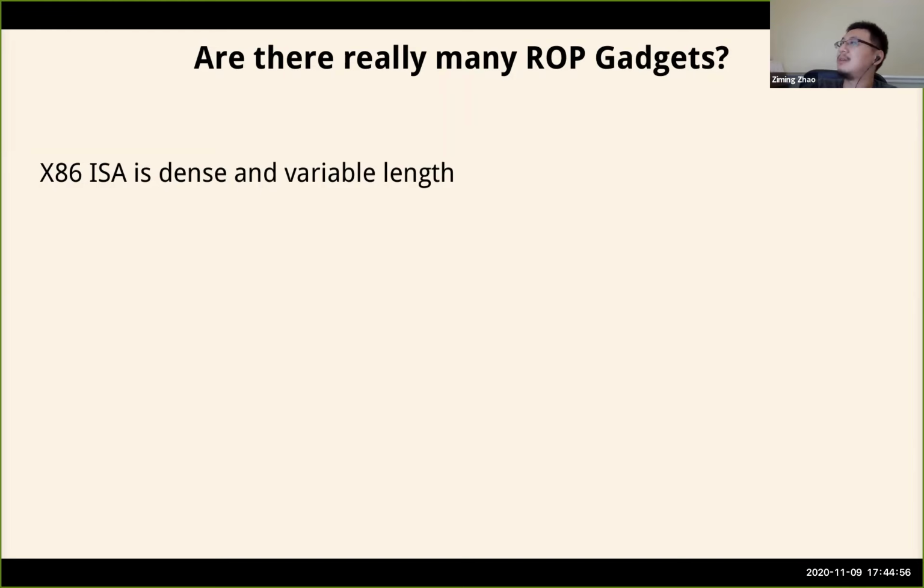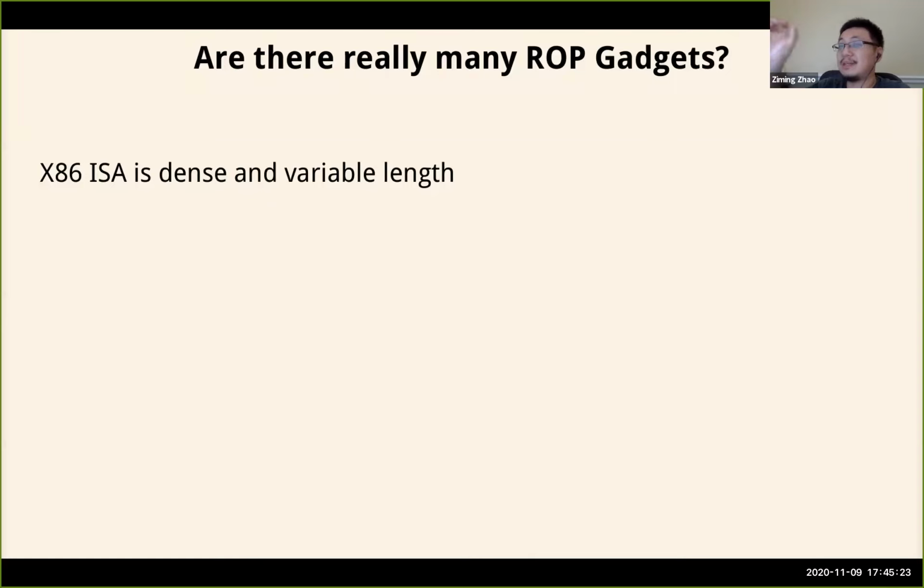So if the CPU starts interpreting things from the middle of a legit instruction, it will get totally different things. At least for the first several bytes, it will get totally different things, and they are valid. They can be executed. So that is why we always have a lot of ROP gadgets.